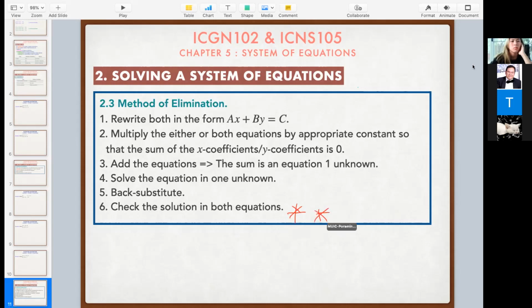Okay, this is the step of the method of elimination.